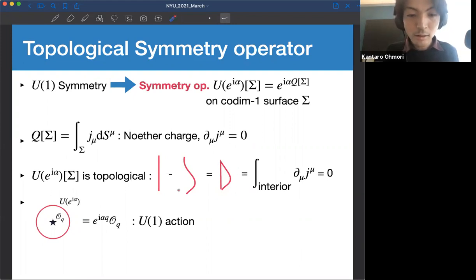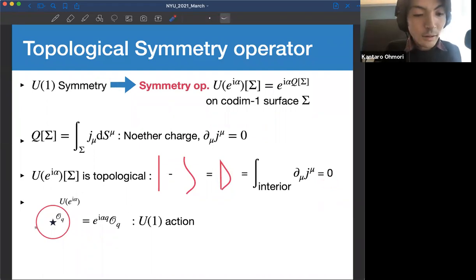If you evaluate this Noether charge on this closed surface, then by the Gauss law, it's equivalent to integration over the interior of this surface. And the integrand is, of course, the divergence of J, but the divergence of J is 0 because of the conservation law. So it's topological, it's standard.